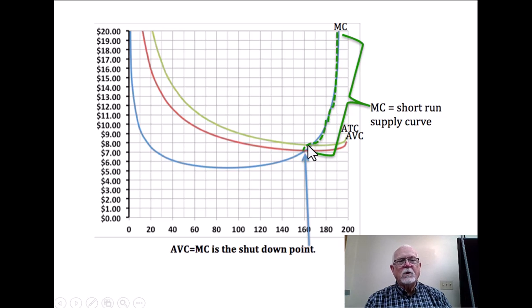That's set by the overall market condition. But the supply curve for the individual firm is nothing more than just the marginal cost curve above average variable cost, above the shutdown point, because that traces out the price quantity combinations. That is the supply curve in the short run for the representative firm.